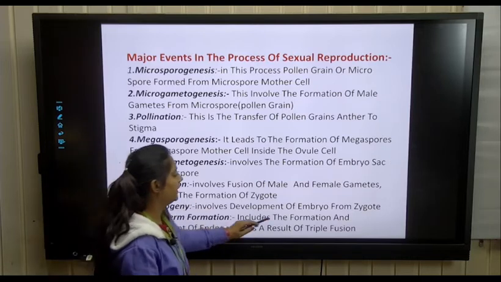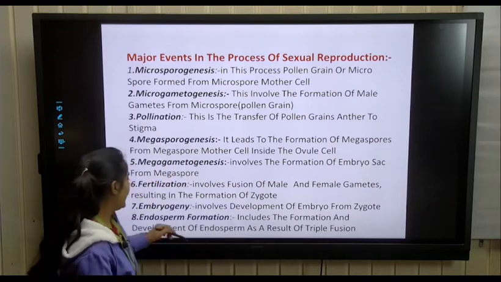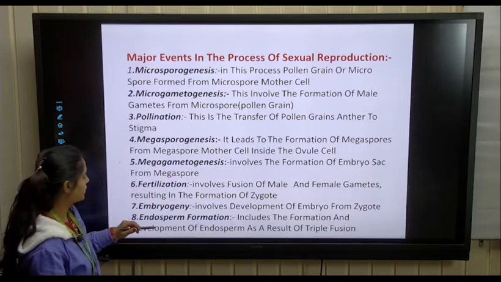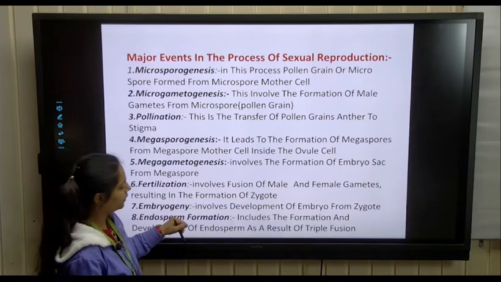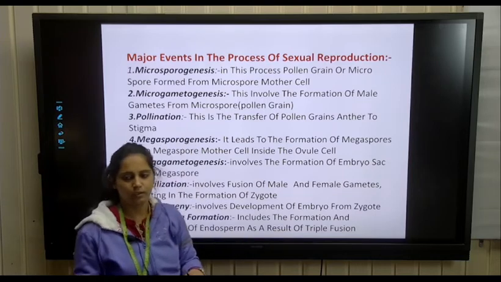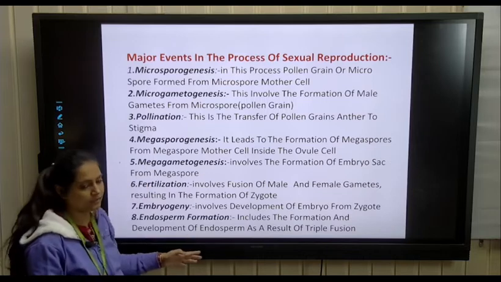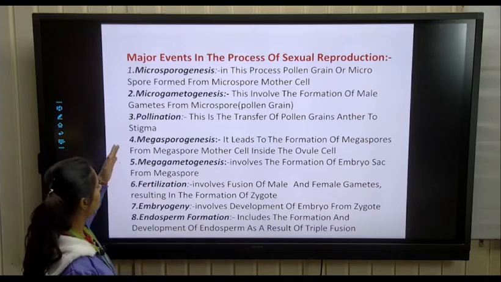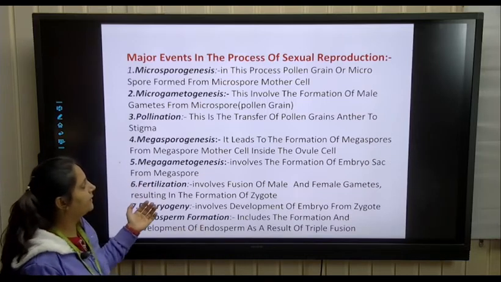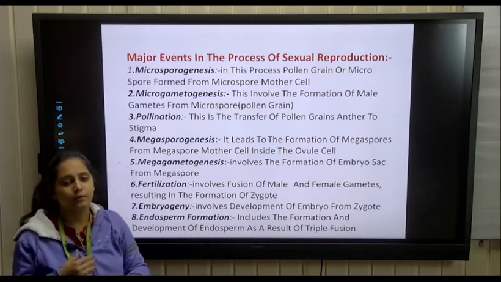Embryogeny is the development of the embryo from the zygote. And last is endosperm, the formation and development of endosperm as a result of triple fusion or double fertilization. So these are the general steps which take place, and then the process of reproduction completes.